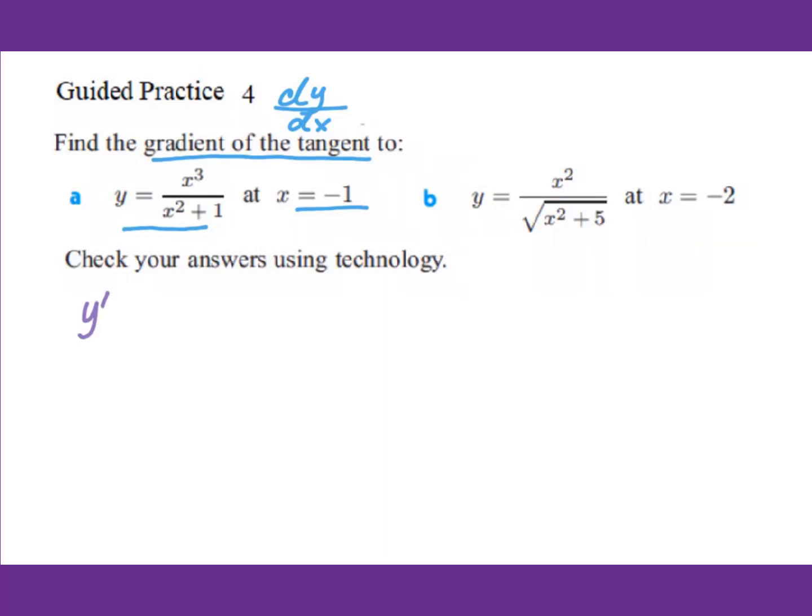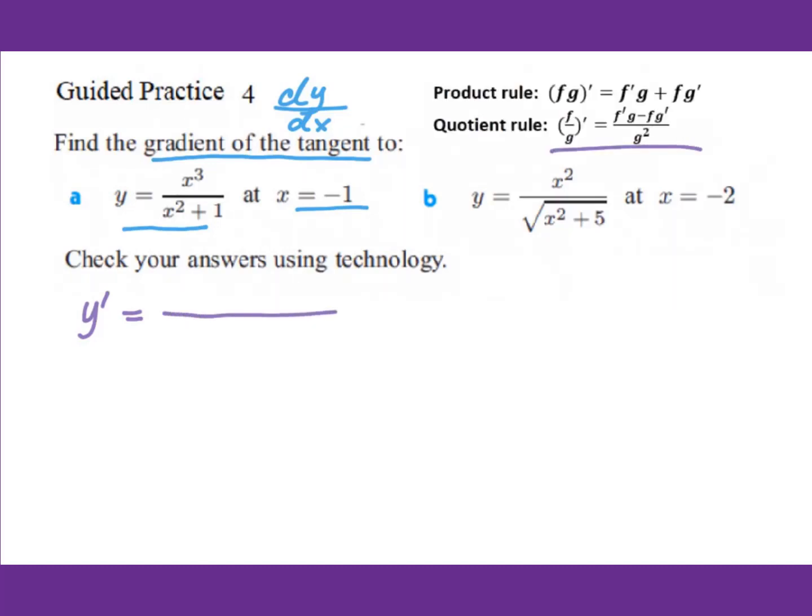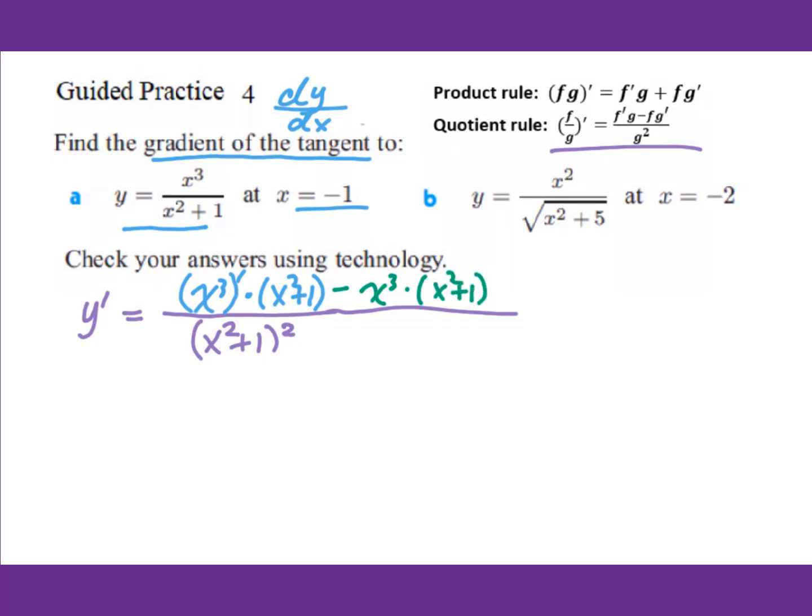So you will get the derivative for y equals denominator multiply. This is the formula. The denominator is (x squared plus 1) squared. Then x third power, we do derivative times x squared plus 1, then minus x third power times x squared plus 1, we do derivative.